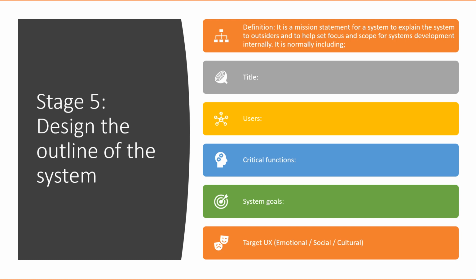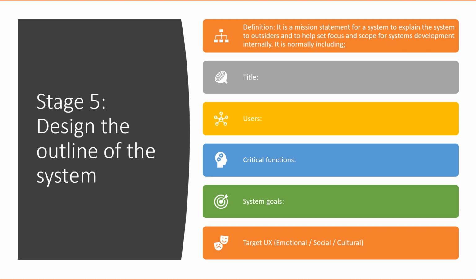You need to come up with the title of the system; the users, in terms of personas; critical functions of the system, which means the 3 or 4 critical functions that the system will offer to the users; system goals, what you want to achieve, 2 or 3 system goals, at maximum 3; and the target user experience.